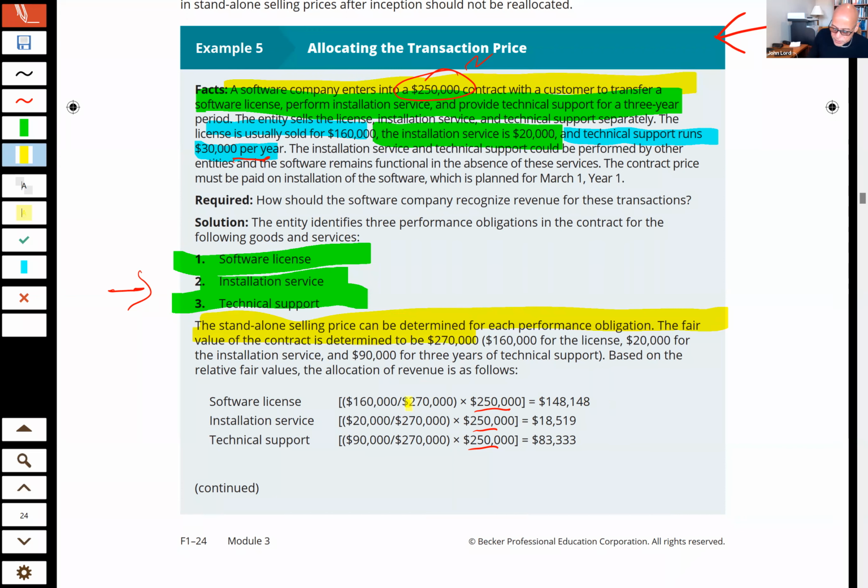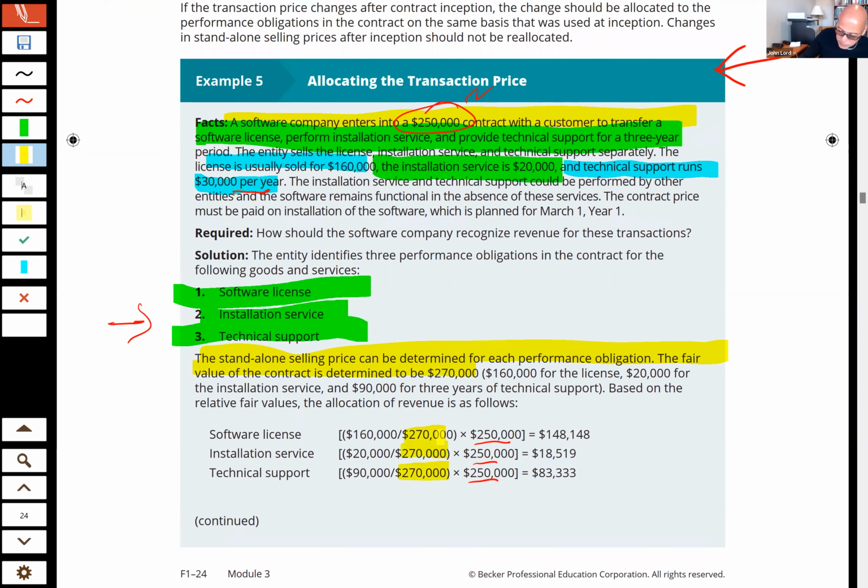So we use that $270, and then we allocate the amounts that they gave us, which is the $160.